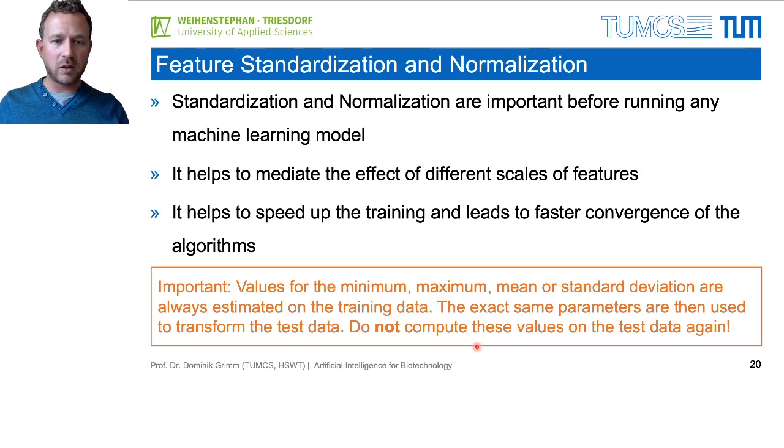However, what's very important, values that we compute, for example, the minimum, the maximum, the mean or standard deviations, have to be always estimated on the training data. And then we have to use the exact same parameters to transform the test data. We are not allowed to compute these values again on the test data set. This would lead then to a wrong normalization.